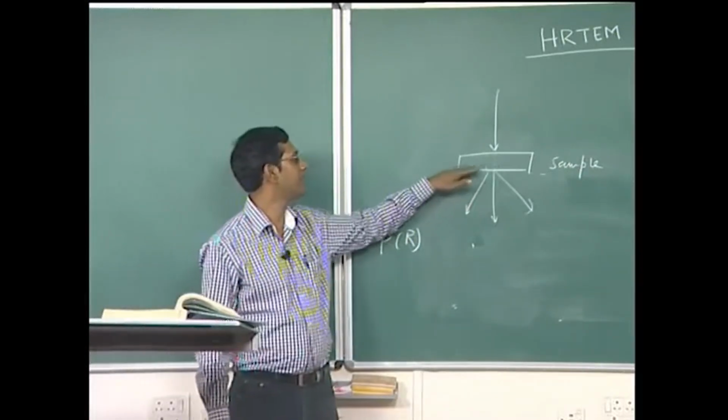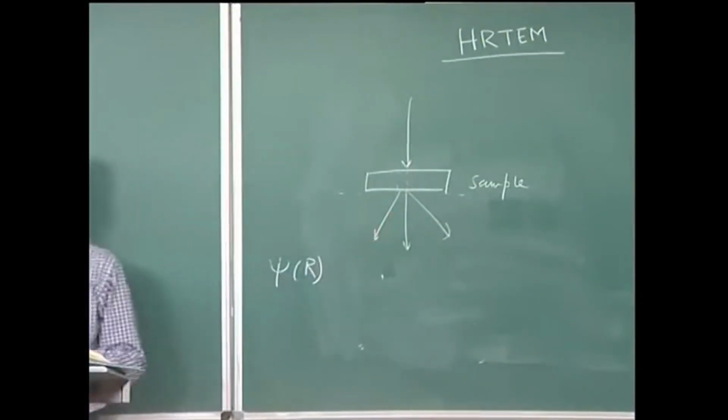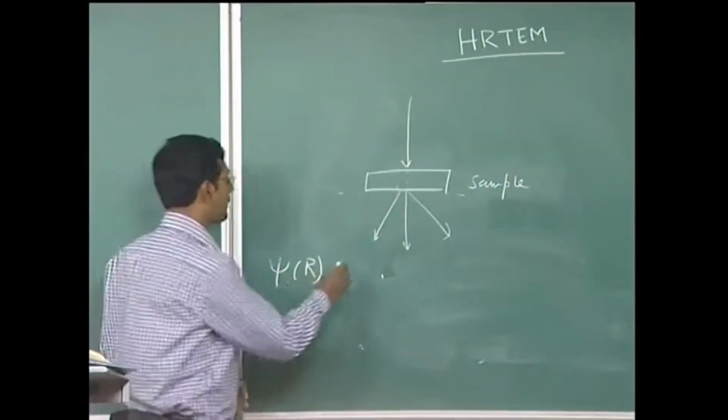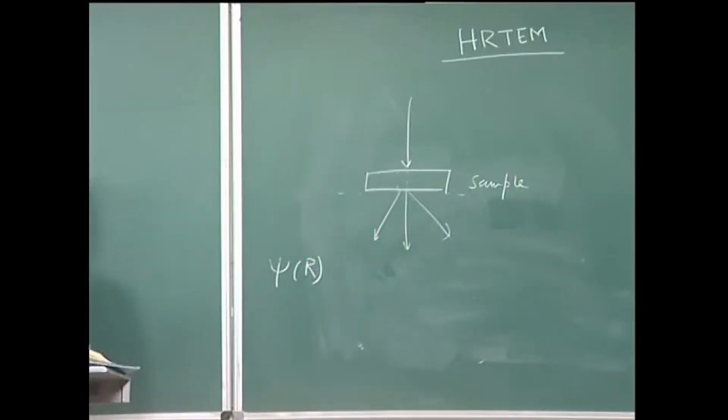So, we can think of the sample as acting as a diffraction grating, and then according to Fraunhofer's diffraction theory, Fraunhofer being one of the scientists who worked tremendously on diffraction theory, the complex magnitude of the diffracted wave in the direction given by a certain reciprocal lattice vector is given by the Fourier transformation of the object function.